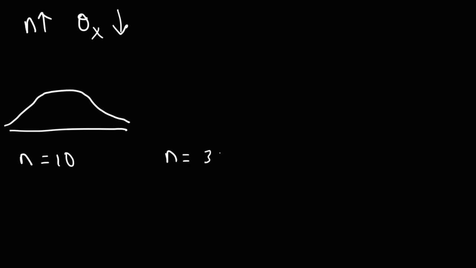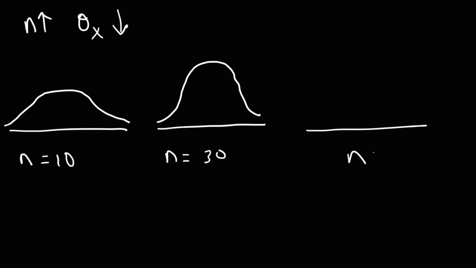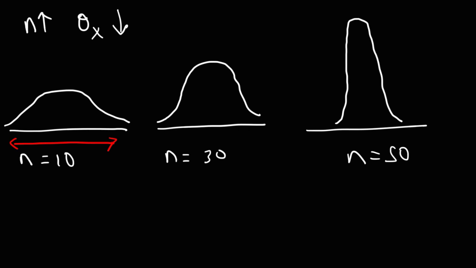Let's say if n is 30, it's going to be taller and more narrow. If n is 50, it's going to be even taller and even more narrow. So this has the longest spread and therefore the greatest error. And this one has the shortest spread and therefore the lowest error.